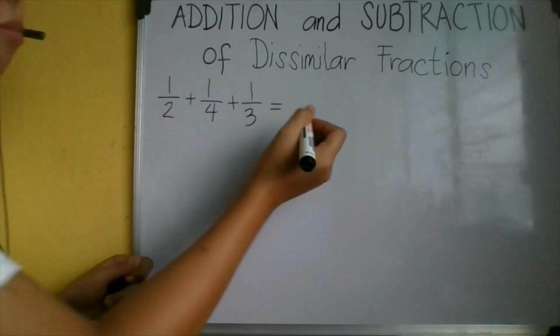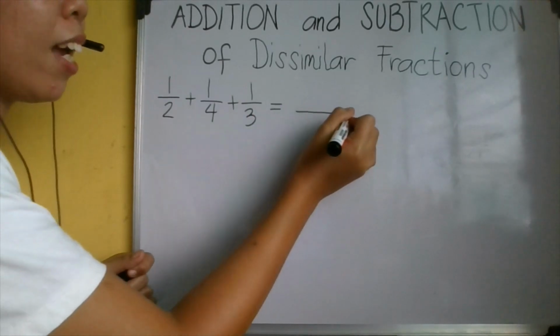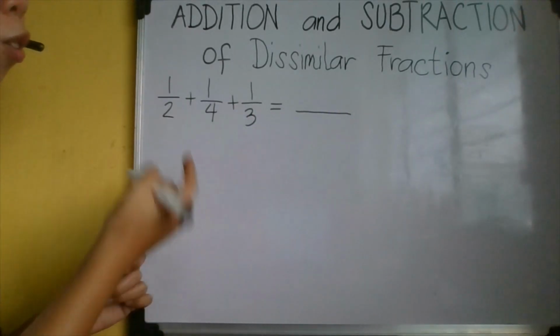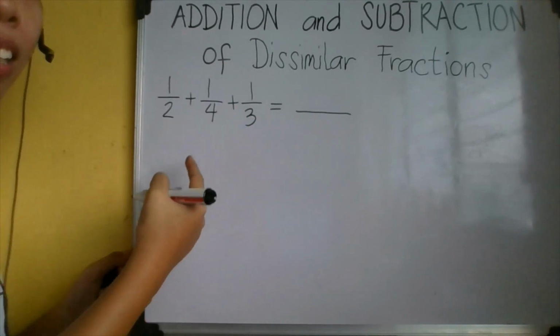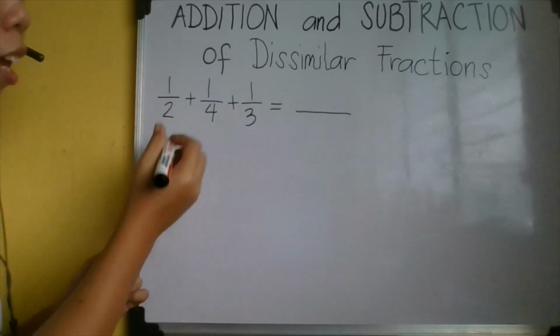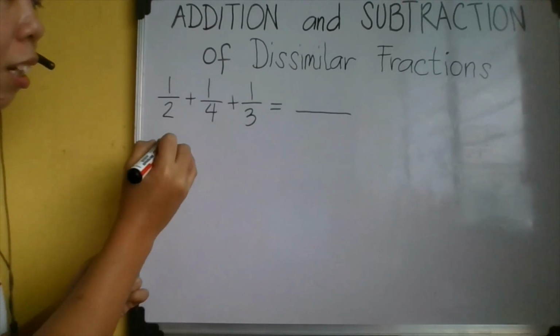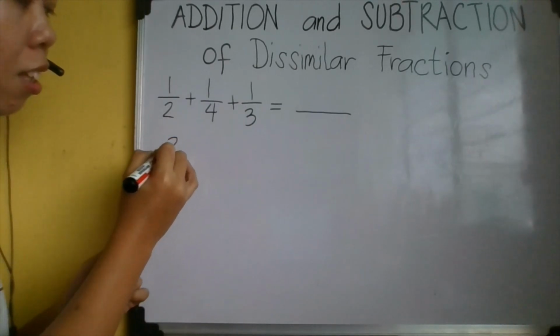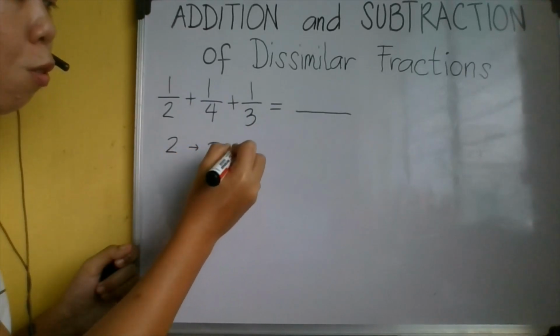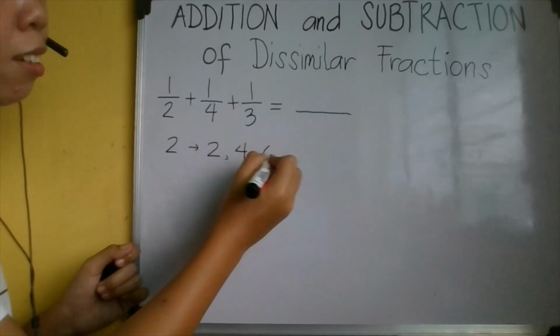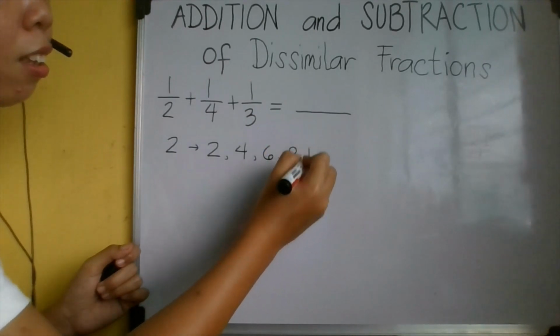So find the least common denominator of 2, 4, and 3 by finding their least common multiple. The multiples of 2 are 2, 4, 6, 8, 10, 12.